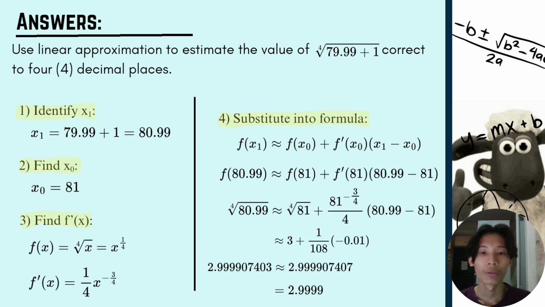Finally, the 4th root of 80.99 is approximately 3 plus 1 over 108 times negative 0.01, and that gives us about 2.9999. Therefore, using linear approximation, the estimated value of the 4th root of 79.99 plus 1 is 2.9999, correct to 4 decimal places.